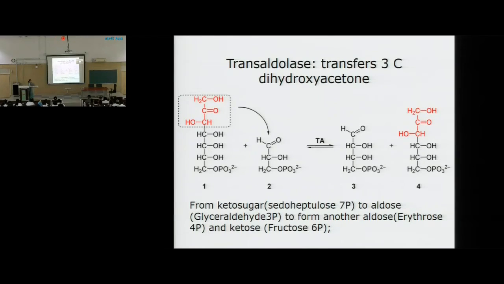The next reaction, transaldolase, does not require thiamine pyrophosphate. Here a 3 carbon unit, dihydroxyacetone, is removed from one part and transferred to the other. Remember, it will go from a keto sugar to an aldo sugar. So from sedoheptulose, it will go to glyceraldehyde 3-phosphate and fructose will be formed.